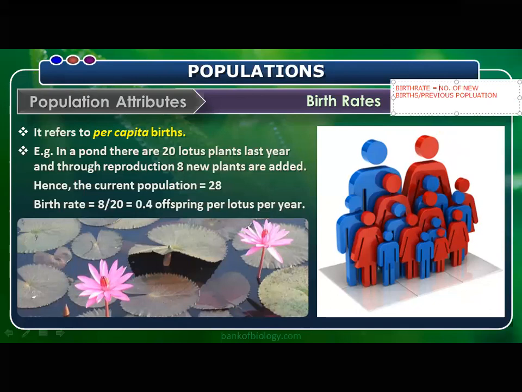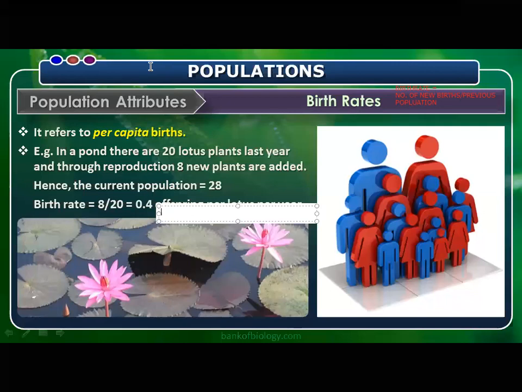Very, very important, that's why I'm taking time. 8 by 20, we got 0.4 offspring of lotus per year. That is how we should state the birth rate of lotus.